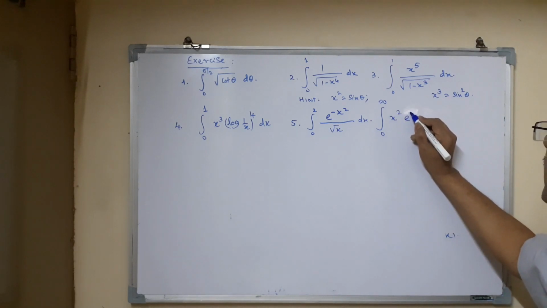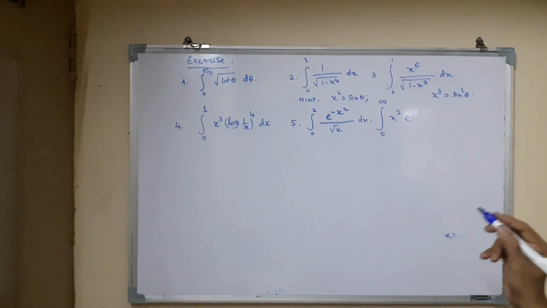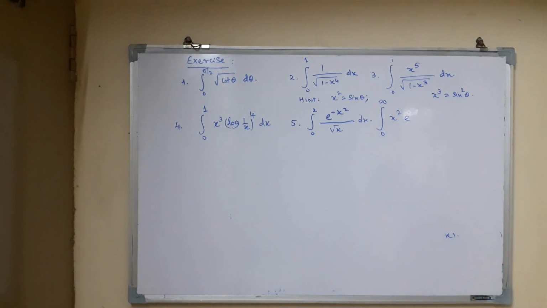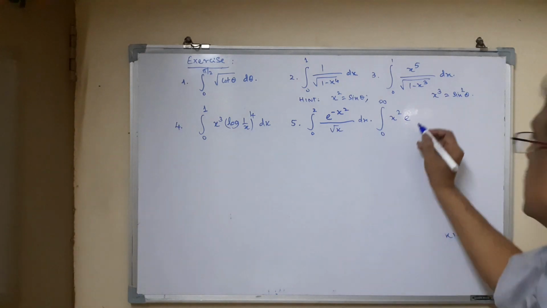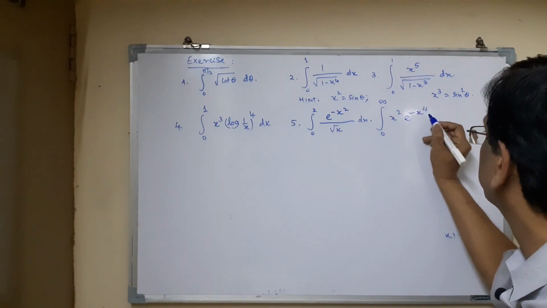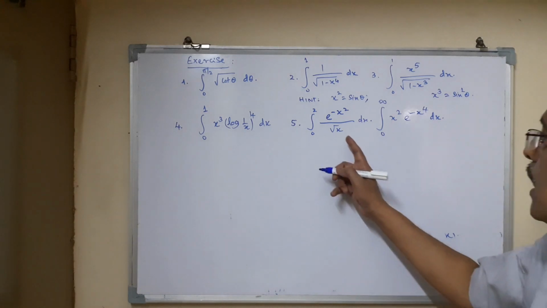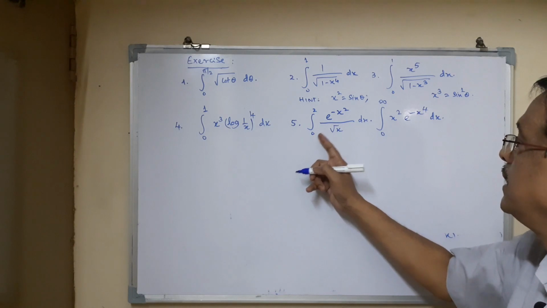Zero to infinity, x square e power minus x power 4 dx. I don't want to give a hint for this.